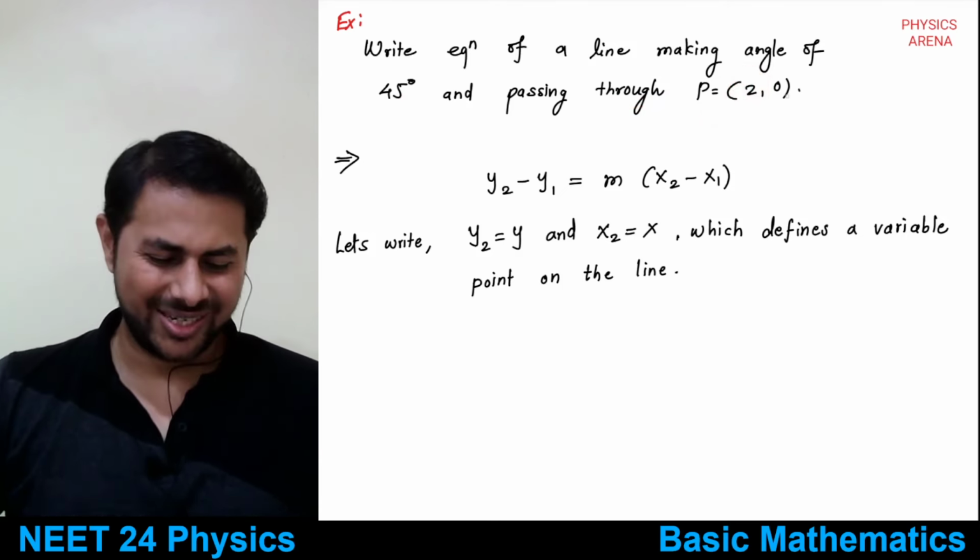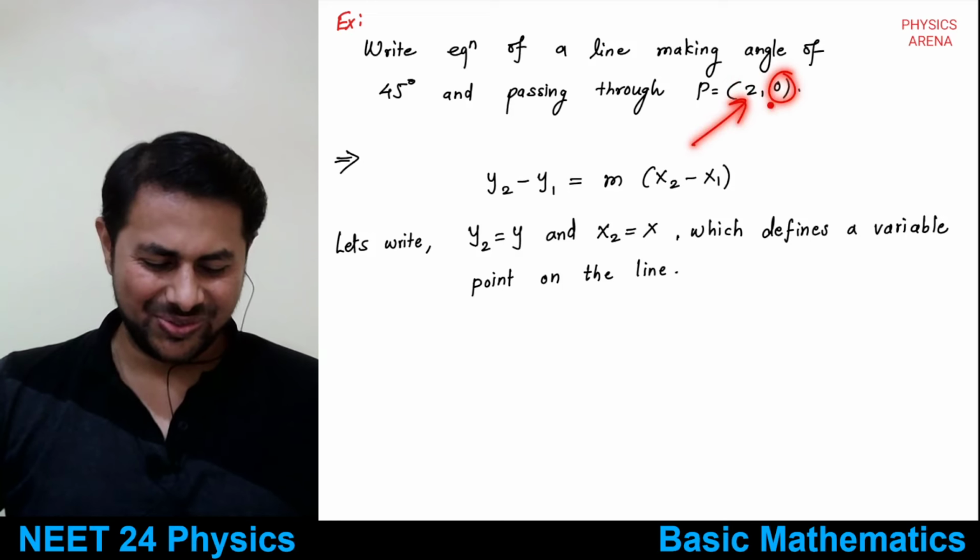This one is the x coordinate, this one is the y coordinate: x is 2, y is 0.